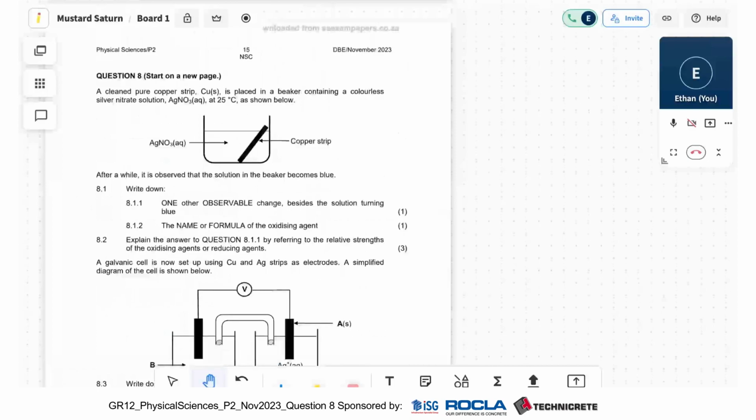A clean, pure copper strip is placed in a beaker containing a colorless silver nitrate solution at 25 degrees Celsius as shown below.